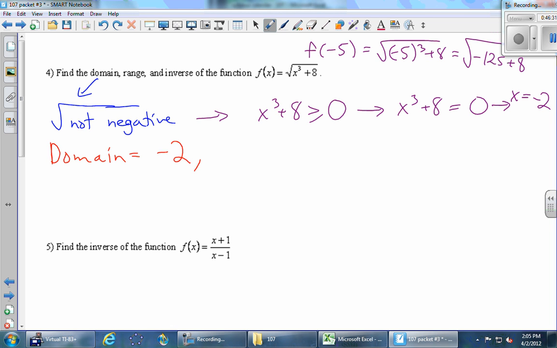How big are the numbers we can plug in? Forever, infinity. What do you put at -2? Square bracket, including -2. -2 is fine. At infinity, always parentheses. Infinity is not a number. You can't plug infinity into this thing. It's a symbol that means as big as you want. Okay, that's the domain.